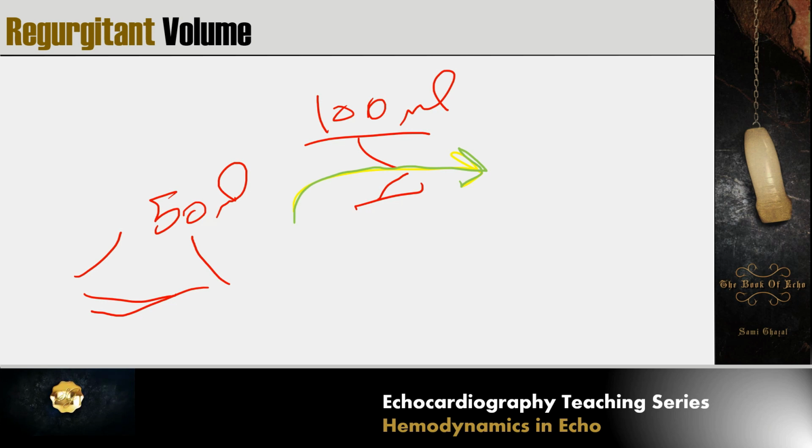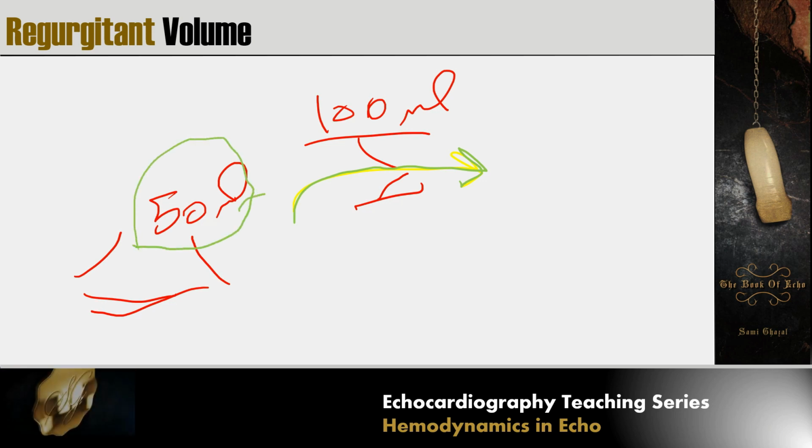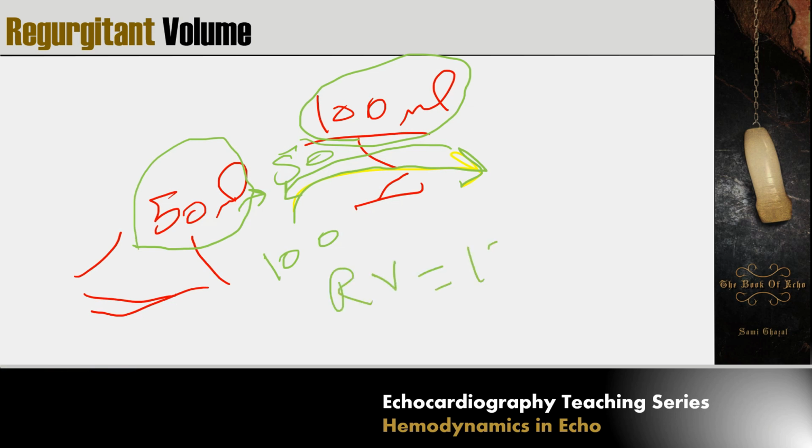So the remaining 50 is the regurgitant volume of the aortic valve, because now 50 ml will come out of the mitral valve. It will join another 50 that regurged back retrograde through the aortic valve. Now the total is 100 that comes out of the aortic valve. So now the regurgitant volume in that case will equal 100 minus 50.